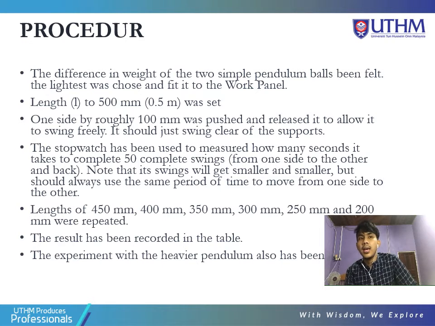The lengths that we used were 450 mm, 400 mm, 350 mm, 300 mm, 250 mm, and 200 mm, and were repeated. The results have been recorded in the table. And the last one is that the experiment with the heavier pendulum has also been recorded. Okay, thank you.